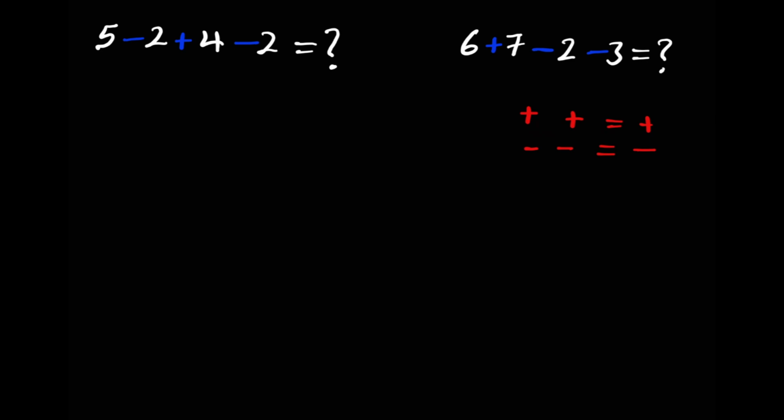But in a case that we have different signs, like a plus sign versus a minus sign, or a minus sign versus a plus sign, it's the same thing. Whenever the signs are different, we know that the result is going to be, what? The magnitude again.